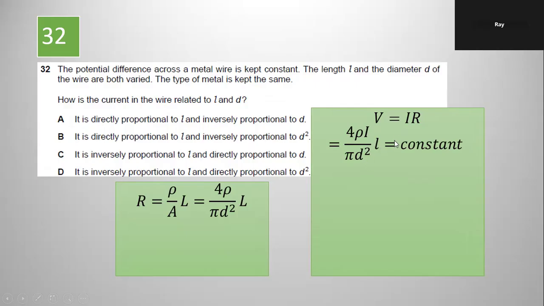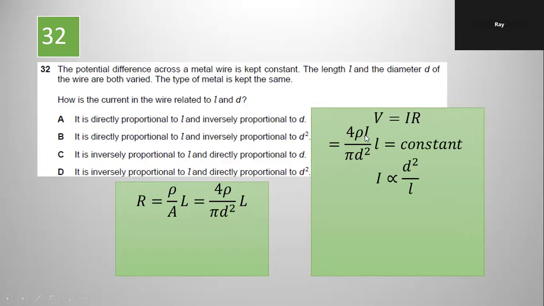Okay. We are told that the potential difference across the metal wire is kept constant. V is kept constant. So R is kept on there. Right? There's a new formula. So take all we want, I. Subject I, and take this across there.